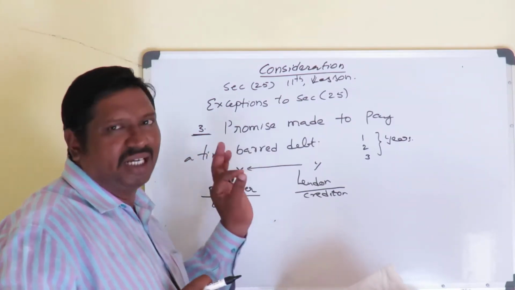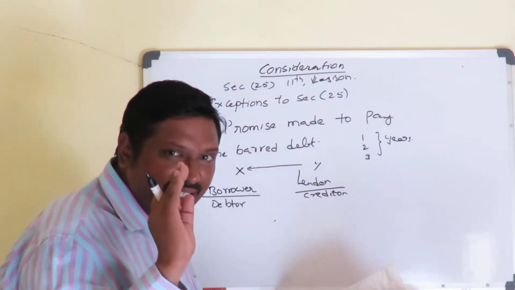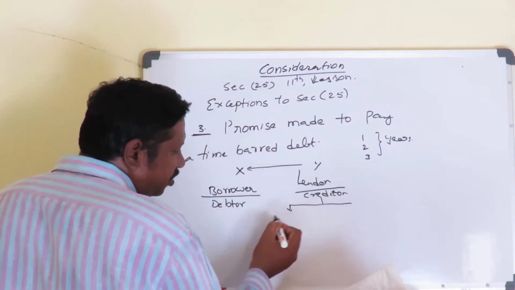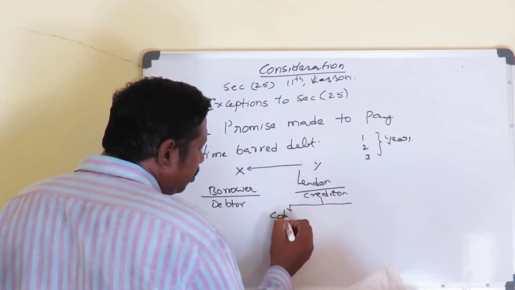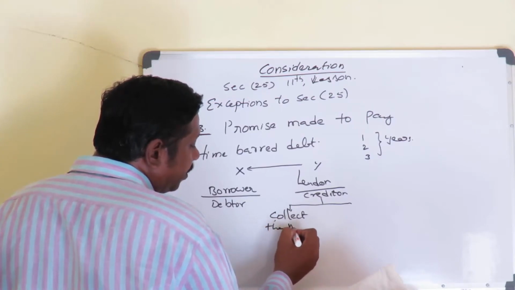In case the lender, within these 3 years, must do one thing. First of all, the first and important thing is he must collect the money.